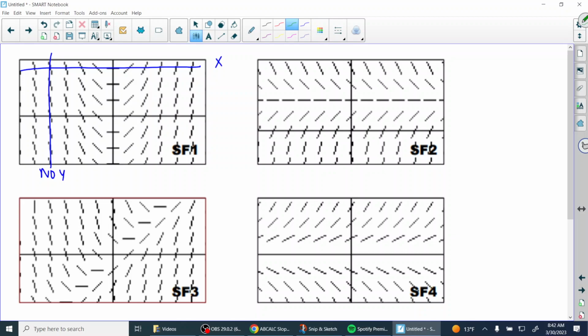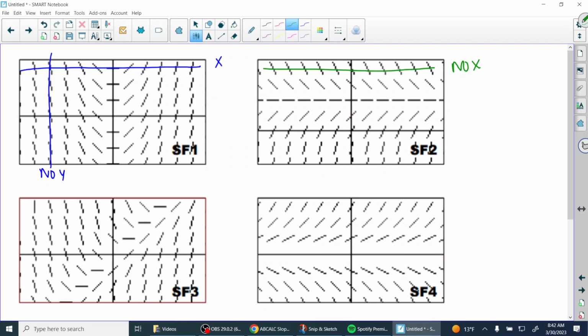Okay. So then we're going to do the same thing here. Let's start with the horizontal line. Does your slope change? No, so that means there's no X. Yeah, you could draw it. The other thing you can do is look along this guy.